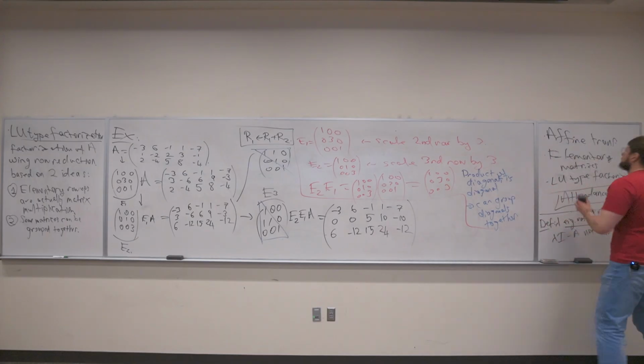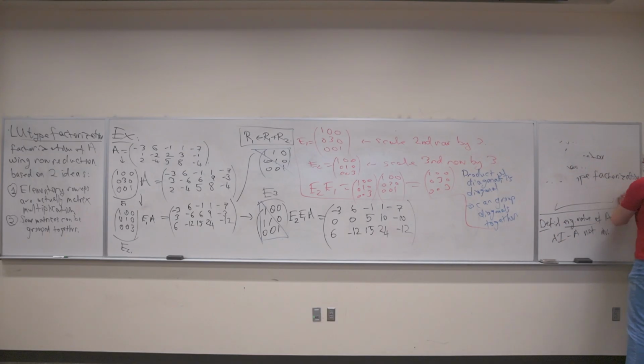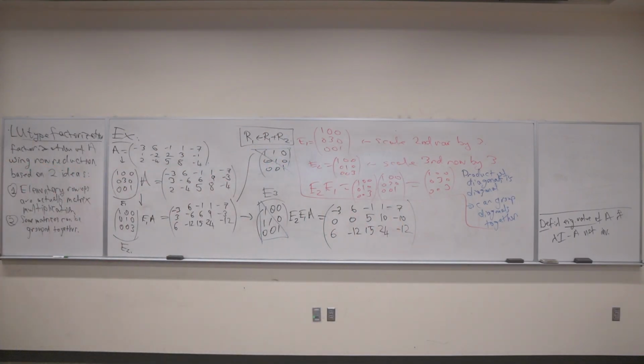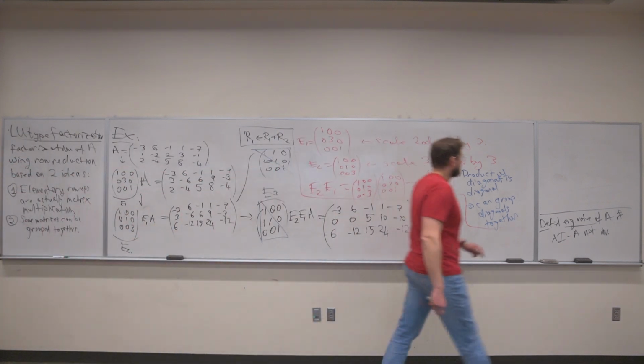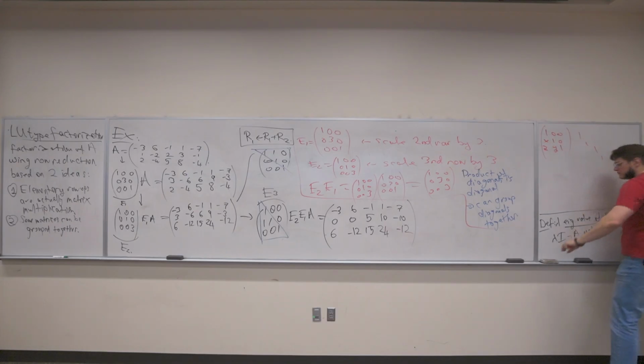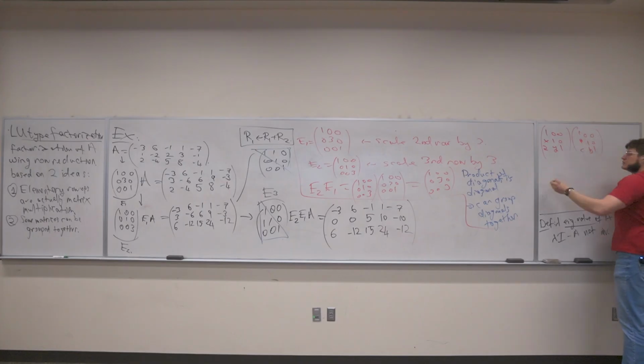And in fact, I'll write it here. So, for instance, let's say I take 1, 1, 1, x, y, z. And then 1, 1, 1, a, b, c. Let's do this matrix multiplication real fast. The first row stays.